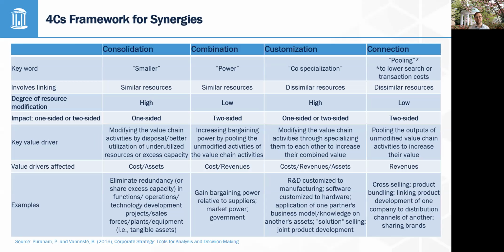So with these one-sided synergies, and especially when there's high resource modification, that greatly increases transaction costs relative to ownership costs. So you'll see that these synergies are often more likely to be created within a single firm with business units working together, as opposed to separate firms negotiating contracts or agreements between them. That isn't necessarily always going to be the case, but it's definitely something worth thinking about as a baseline assumption.